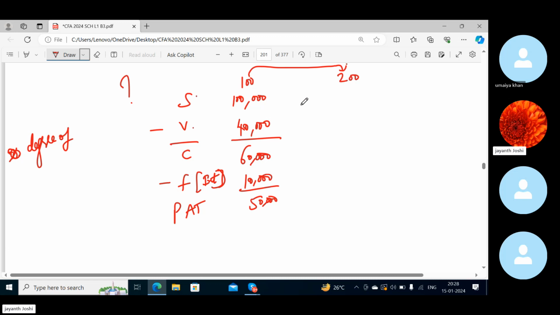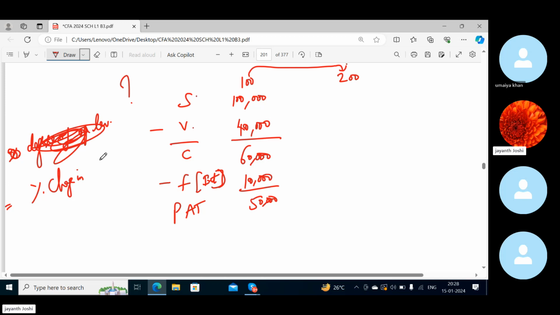So here, degree of operating leverage, the formula is percentage change in... Because I did not take fixed operating cost, then how? Okay, I'll take degree of financial leverage.